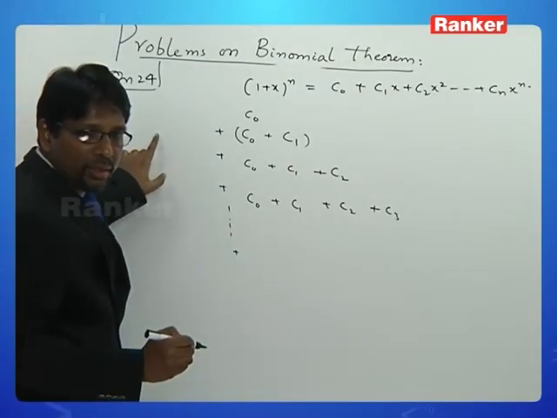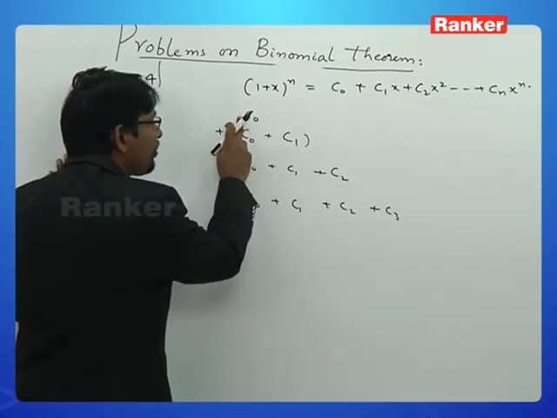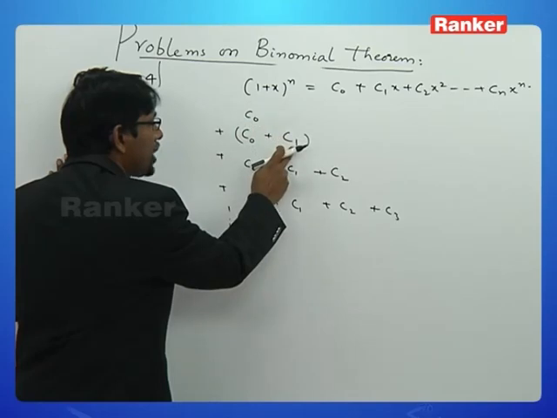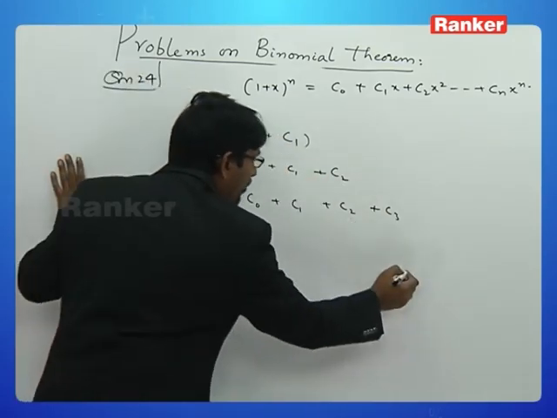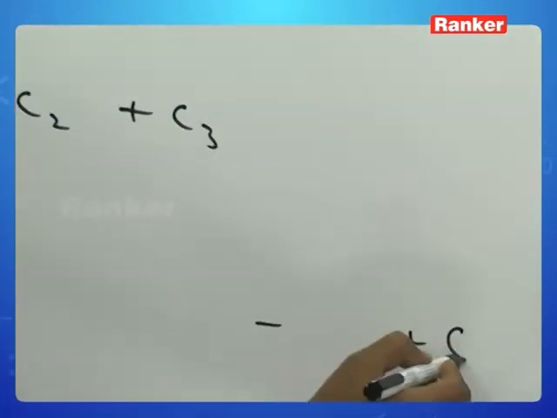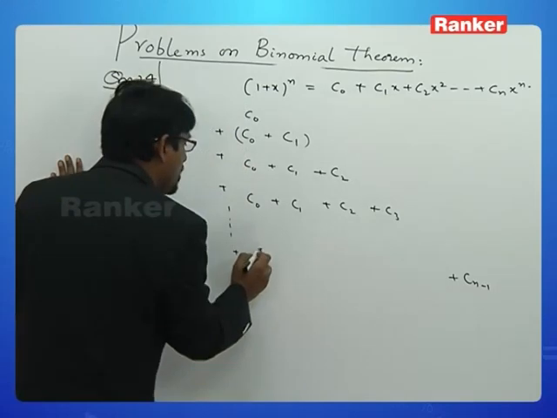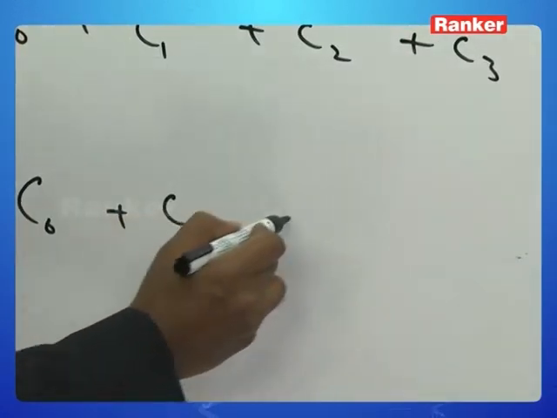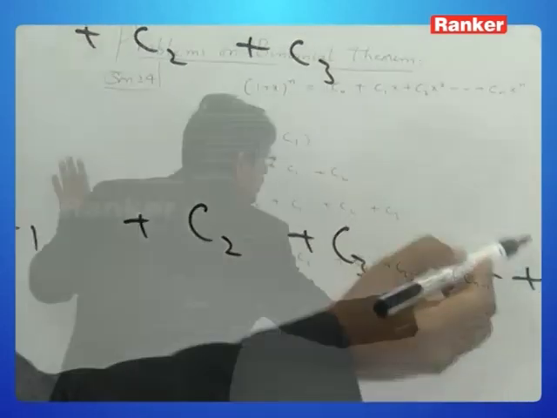That is the nth bracket, because the first is ending with c0, second is ending with c1, third with c2, last is ending up with cn minus 1, so c naught plus c1 plus c2 plus c3 up to cn minus 1. This is what you have there.